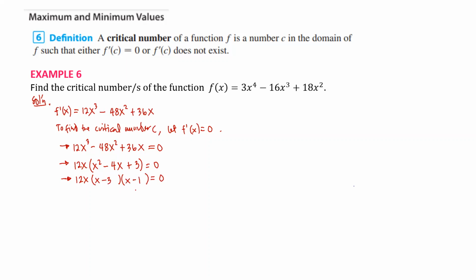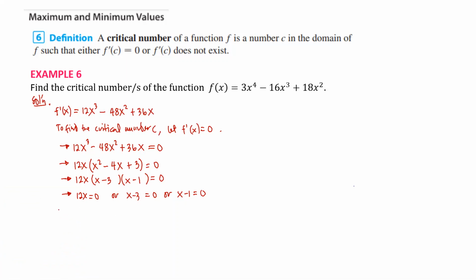So those are the factors. Using a property from algebra, we can equate each factor to 0 because the whole expression is 0: 12x equals 0, or x minus 3 equals 0, or x minus 1 equals 0. You have simple equations here, and you can easily obtain the value of x.